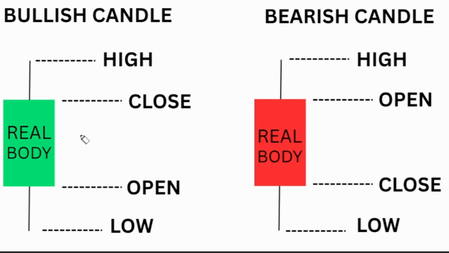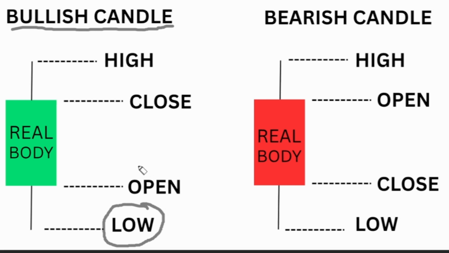Now, the green candle, we call it the bullish candle, and this is basically what it means. At the lowest point here, this lowest wick, we call it the low. This low is basically the lowest price the candle ever recorded.